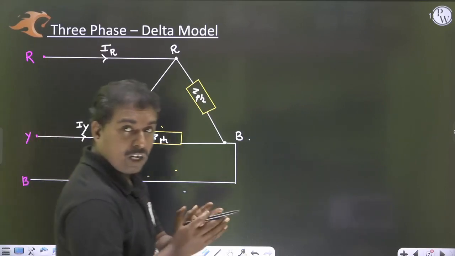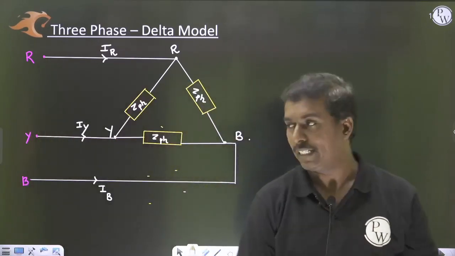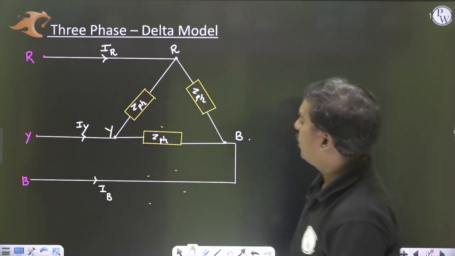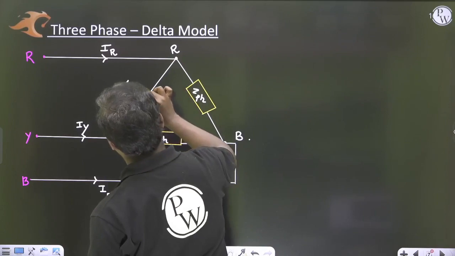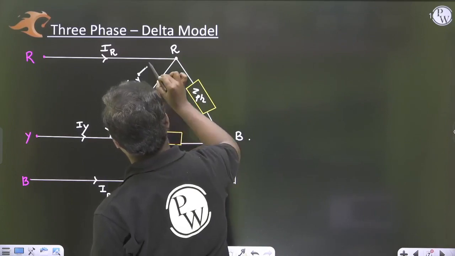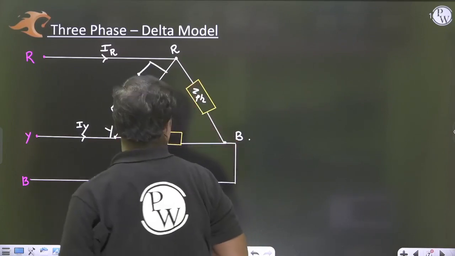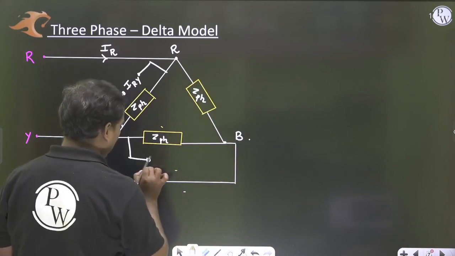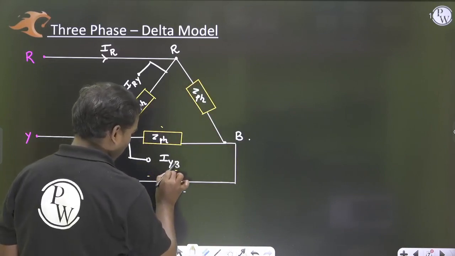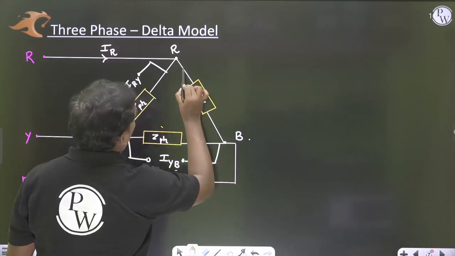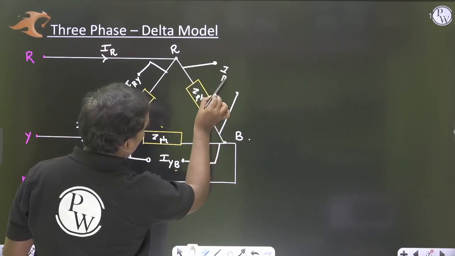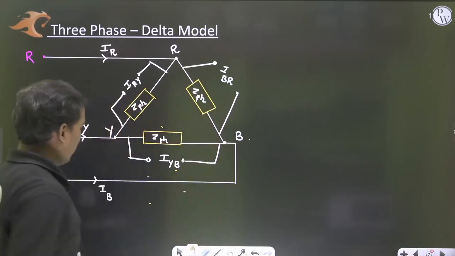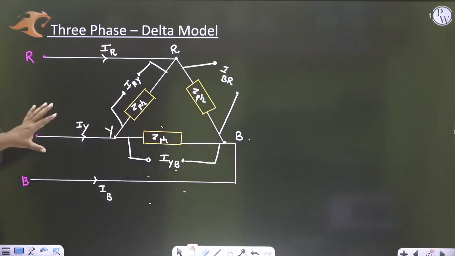Between R and Y, we can take the IRY. So this is IRY, this is IYB, and this is IBR.